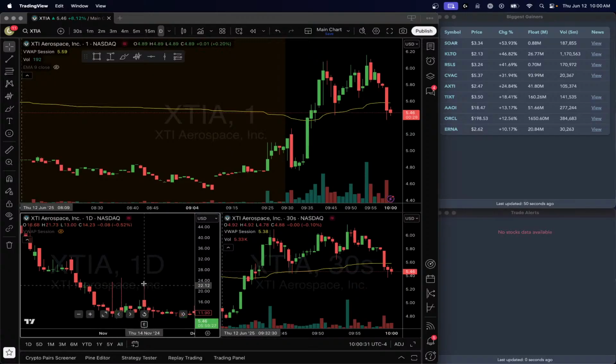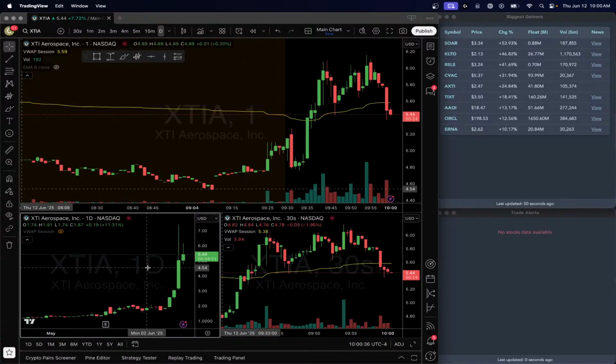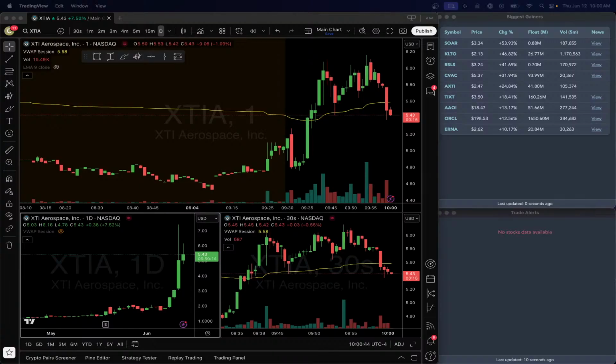Pop, give it back. Pop, give it back. I mean, that's what you're working with. These are not investments. These are pump and dumps. Get in, make your money, get out, move on. We don't care about the fundamentals of the company. We just care about the price action and the volume.